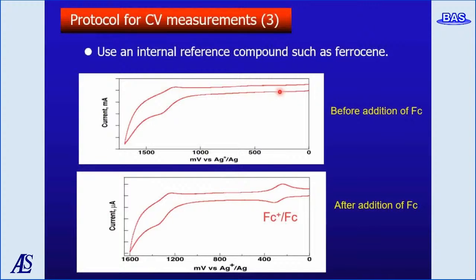Finally, by adding ferrocene as an internal standard, we can measure the CV, and then all peak potentials are converted to the value versus ferrocene-ferrocenium as a standard. These are the basic operations of electrochemical measurements.